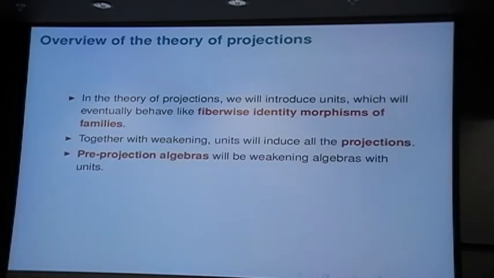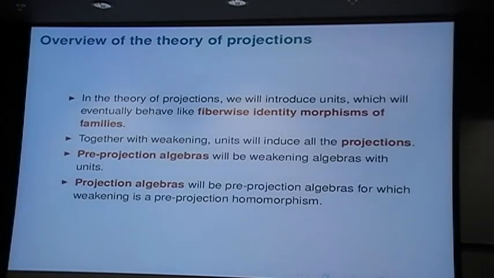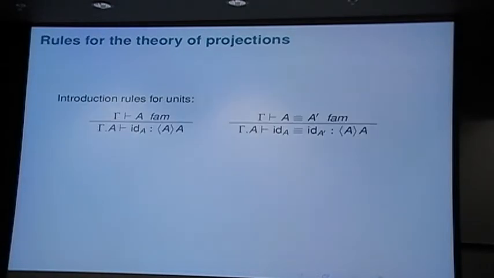Then I will define pre-projection homomorphism, where the unit is preserved, and I will second then require that weakening is such a pre-projection homomorphism, and if that's the case, we call it a projection algebra. So there's always this structure to get the thing going.